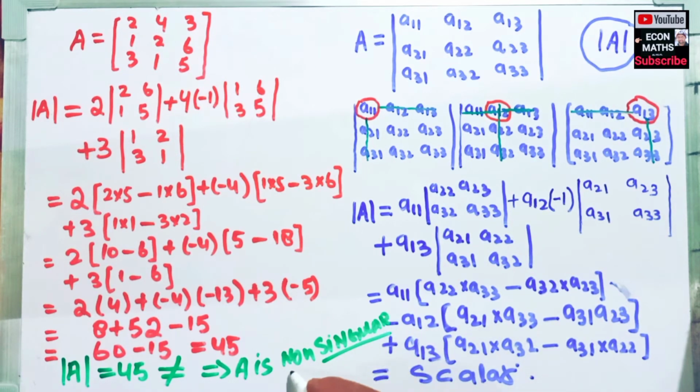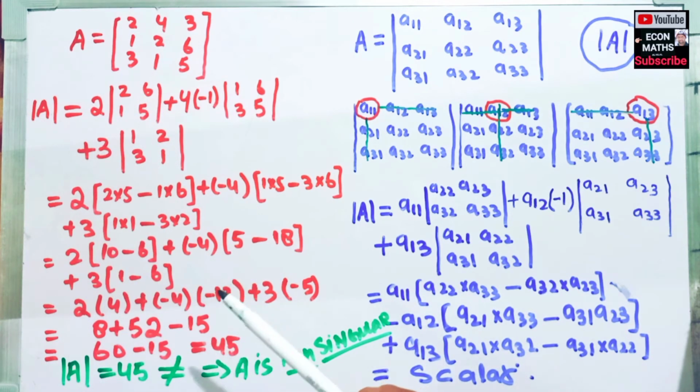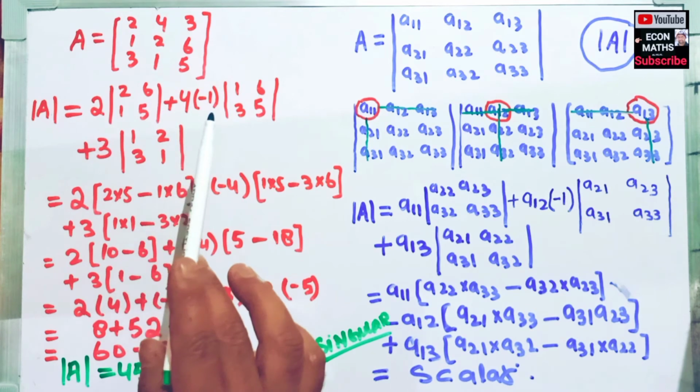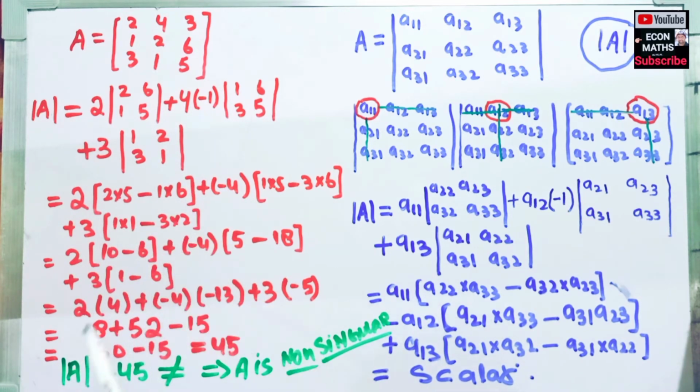By non-singular we mean this determinant has a unique solution. If the value of A was 0, then this determinant would have no solution. So this was all about finding the determinant of a 3 by 3 matrix.